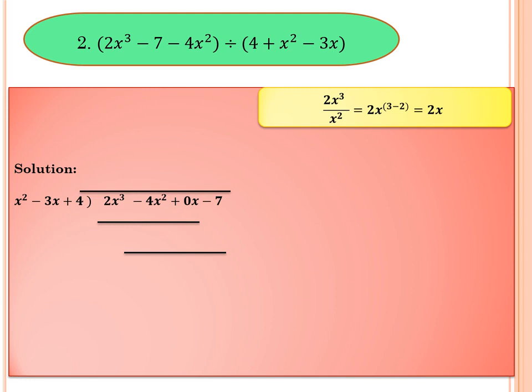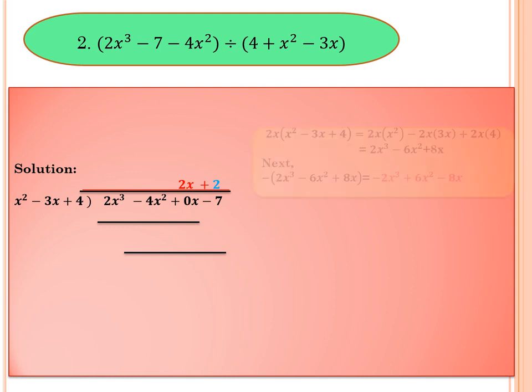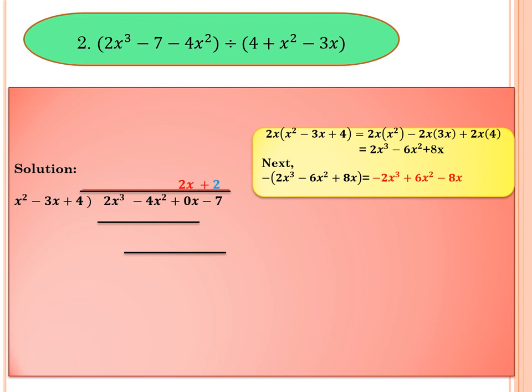So 2x would be the first term of our quotient, the one in red. And then, after that, we're going to multiply 2x, the first term of our quotient, to each term of our divisor. So we have this one. 2x times x squared minus 3x plus 4 will give us 2x cubed minus 6x squared plus 8x.